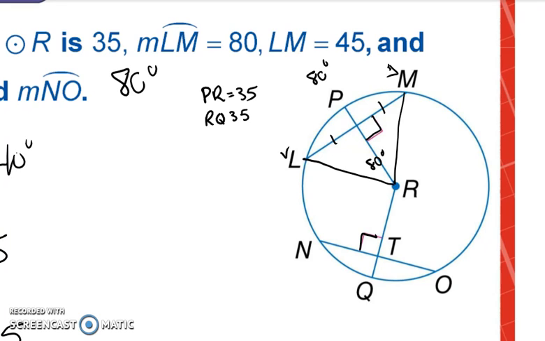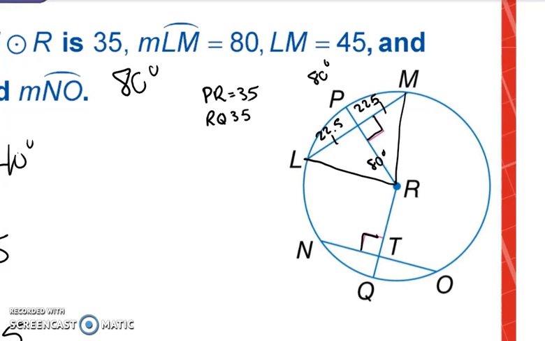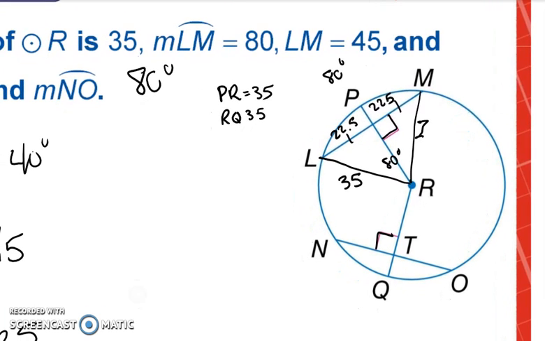That's LM. The measure of line segment LM is 45, so since this is split by that perpendicular line, that means that this is 22.5 and 22.5. Another thing about this is that this is 35, this is 35, this is 35 right here.